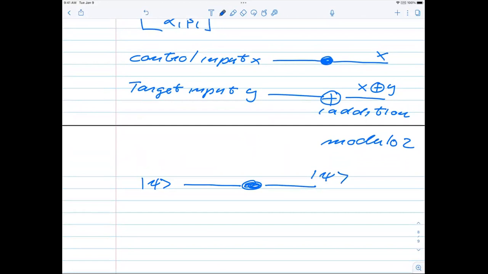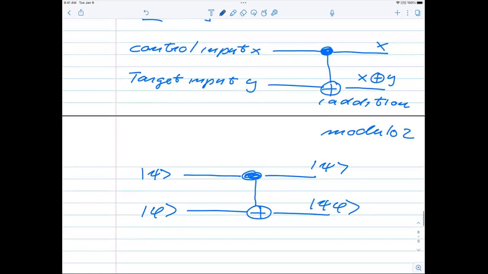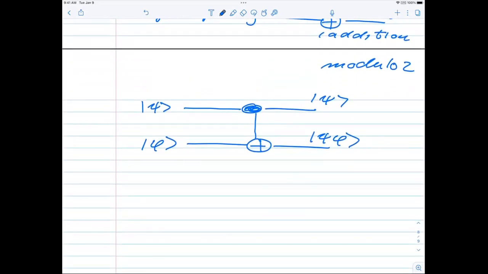And then I have the target input, which is the state phi here, which is going to be the same as a tensor product, and I'm going to write this one as a psi of phi here. And this is now marked like this and like this. So this is the way we are going to define this gate graphically.